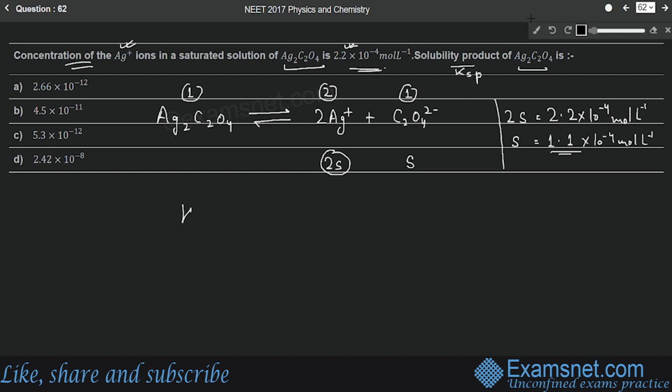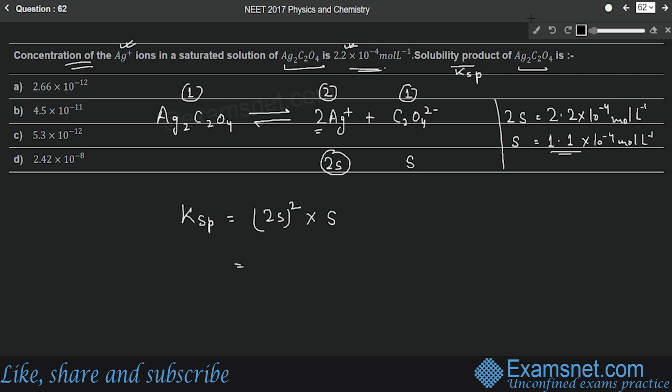Now we have to find out the Ksp, that is the solubility product of Ag2C2O4. So that will be equal to the solubility of Ag plus, that is 2S to the power 2, because we have 2 moles of Ag plus, into the concentration or the solubility of C2O4 2 minus, that is S, right?